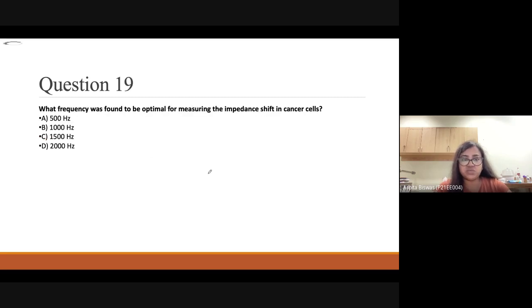What frequency was found to be optimal for measuring the impedance shift in cancer cell? First option is 500 Hz, second option is 1000 Hz, third option is 1500 Hz, and the last option is 2000 Hz.